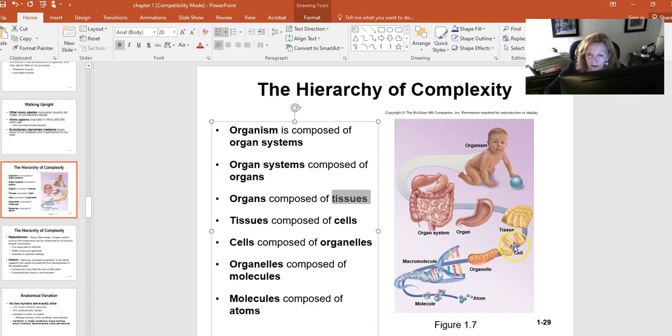So cells, I want you to know that there are over 200 different types of human cells. And I'm about to talk to you about something called the cell theory. Okay, so hold on to that. I know you're excited. So hold on to that thought. We're going to come to it in a second. But over 200 different human cell types make up 4 basic tissue types.